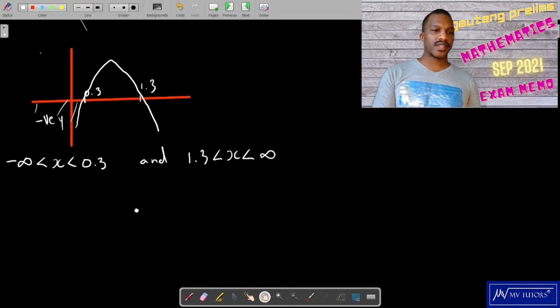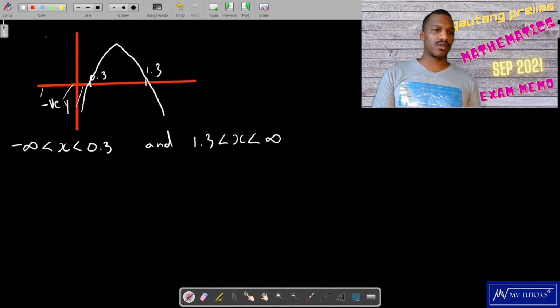If you don't like writing it in this method, you can always say x is an element, and then you put negative infinity to 0.3. That's how you write that one.